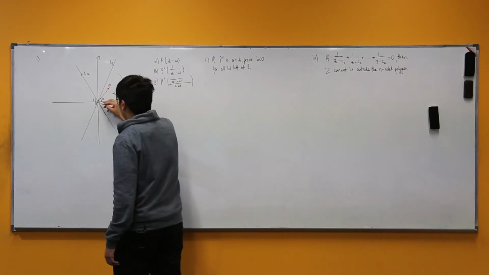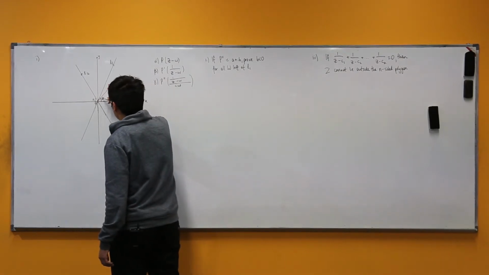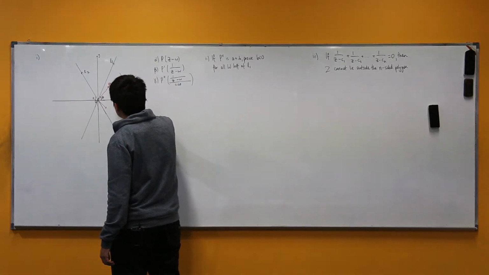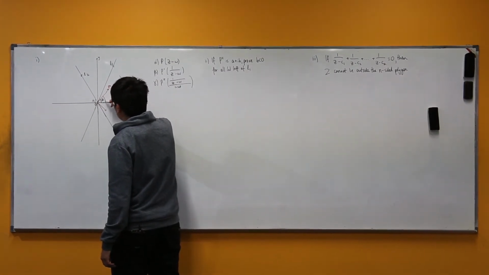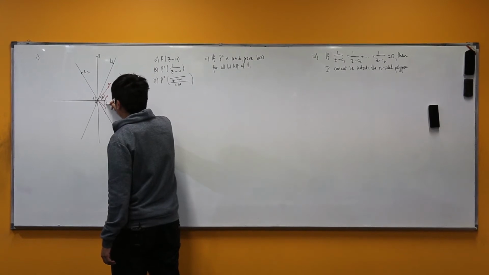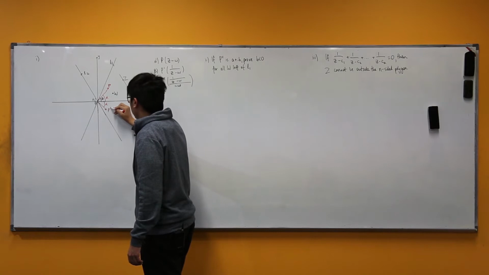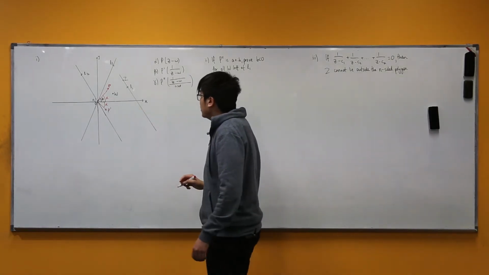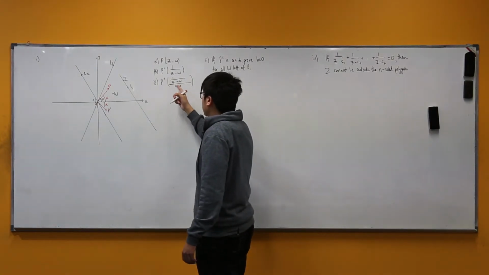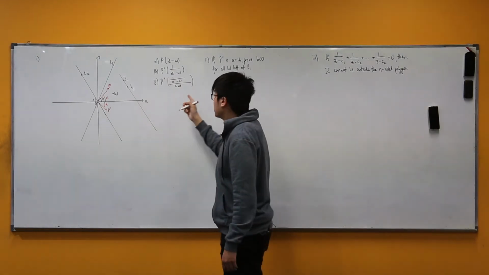So again, you want to use your protractors and rulers to make everything very accurate. But I'll just draw something like this. And you can also just write alpha to show that those angles are definitely equal. So P dash. And finally, the last point, 1 over Z minus W divided by cis theta.